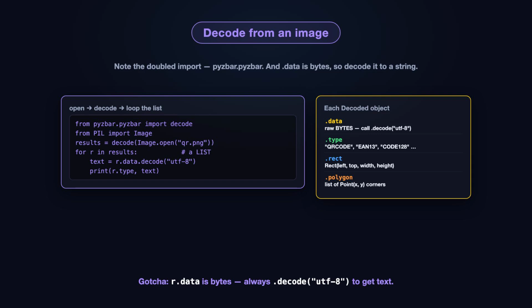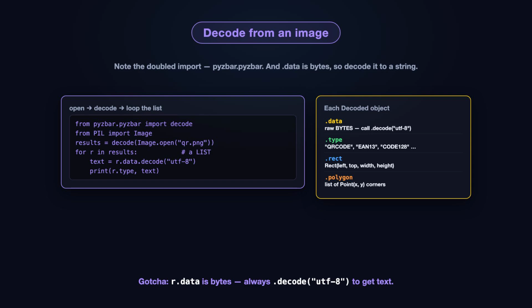You loop over that list, and each item is a decoded object with 4 useful fields. The big one is .data, and this is the second classic gotcha. .data is raw bytes, not a string. So you must call .decode with UTF-8 on it to turn it into readable text. If you print .data directly you will see that little b prefix and quotes around it, which confuses people constantly.